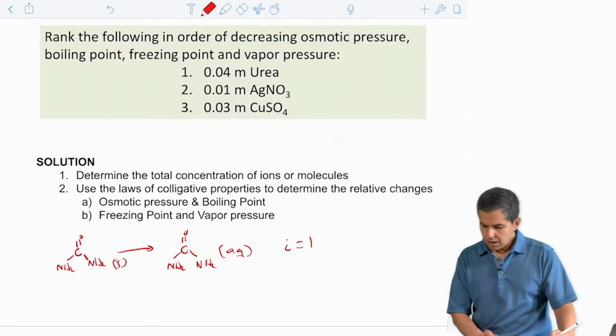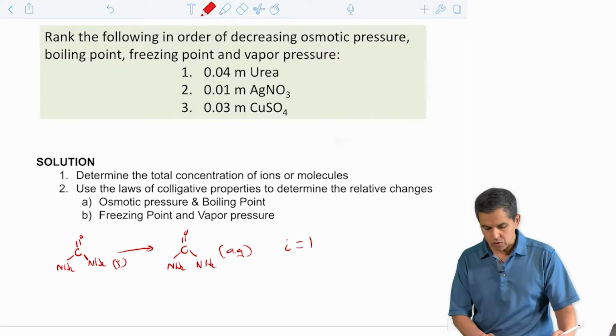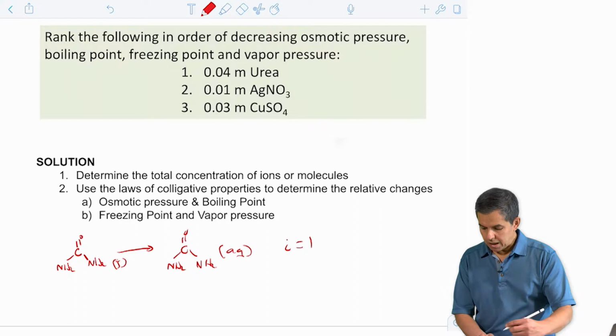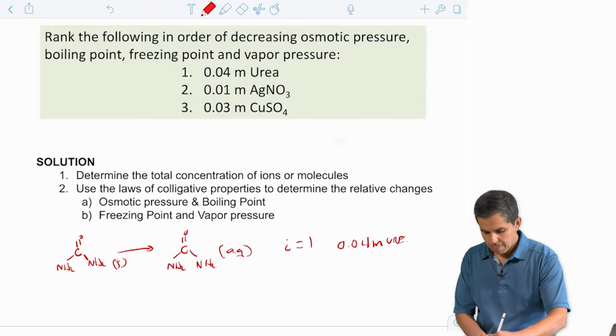That means that the total number of particles per mole of urea is going to be the same. That implies that 0.04 molal urea is going to be resulting in 0.04 molar urea in solution.